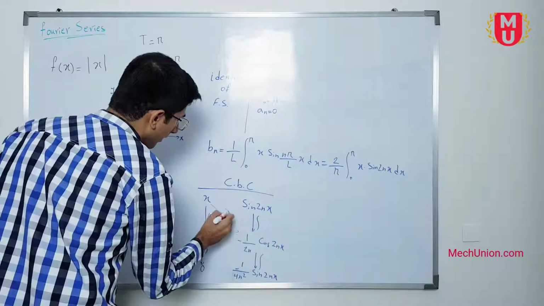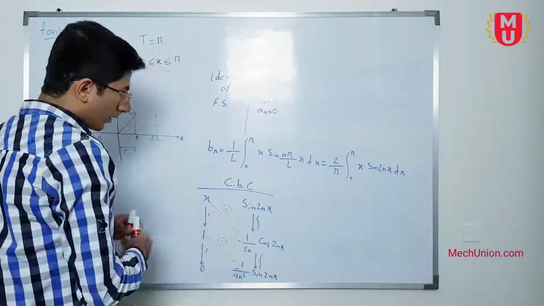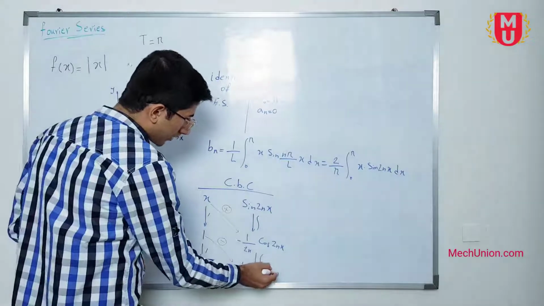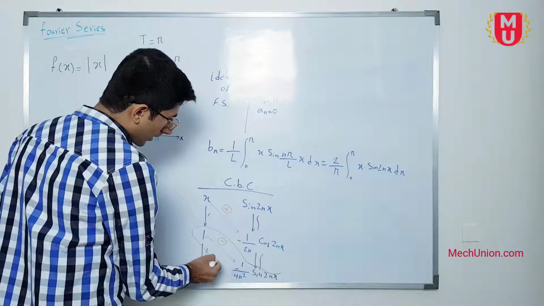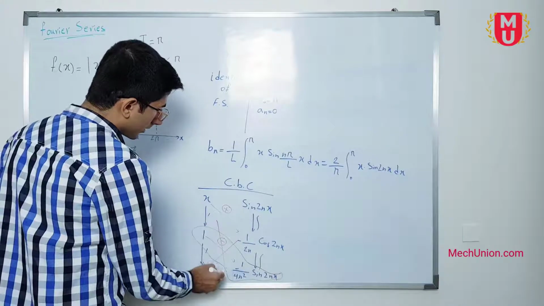This is positive, this is negative. Again, we have sine 2n pi, which doesn't need to be solved, which is 0.